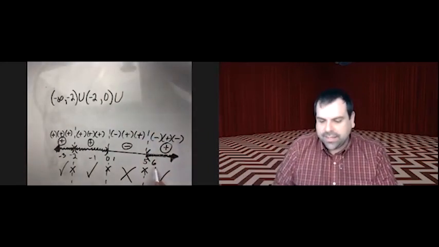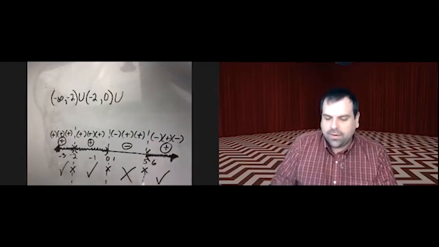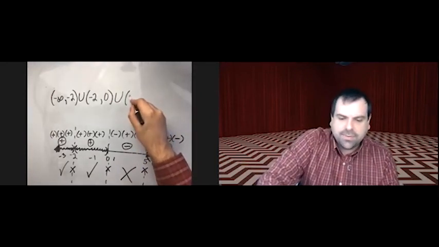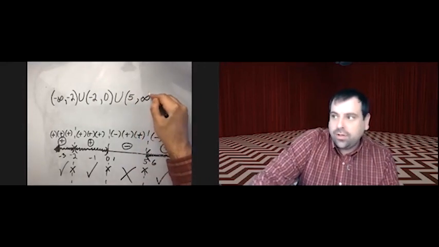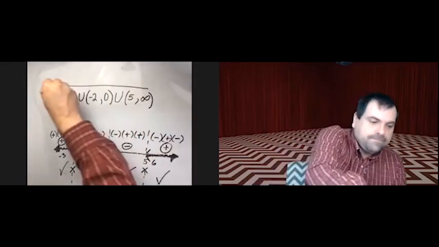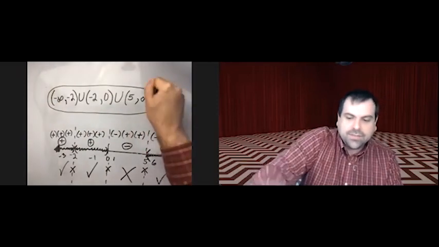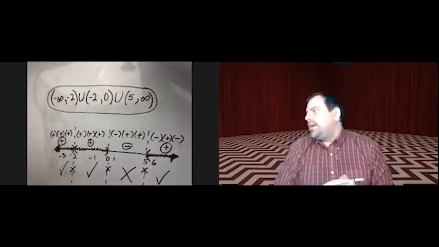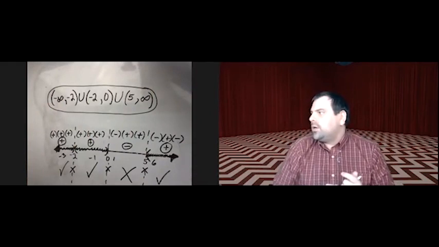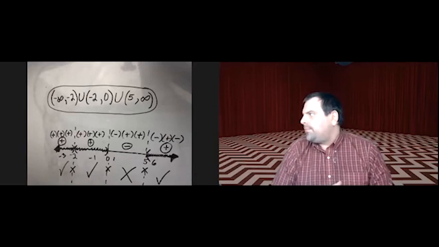Don't accidentally put 6. The barrier is at 5. 6 was our test point. Section 4 goes from 5 to infinity. So that is the answer to the inequality. Negative infinity to negative 2, union negative 2 to 0, union 5 to infinity.